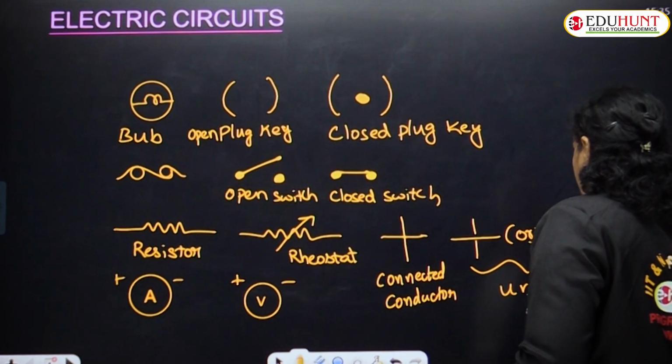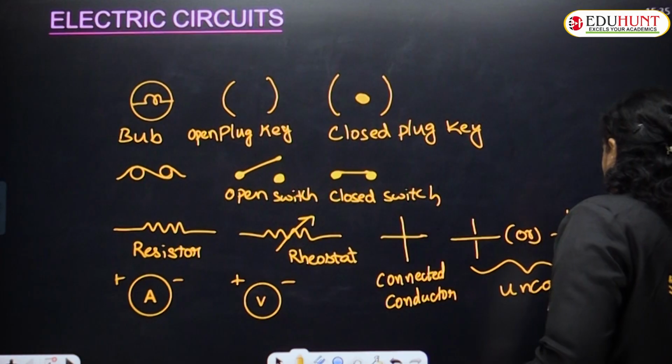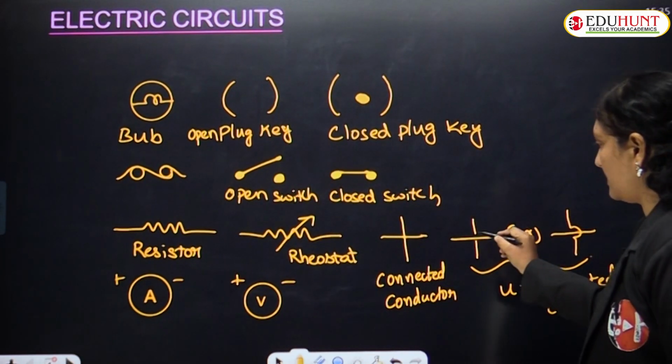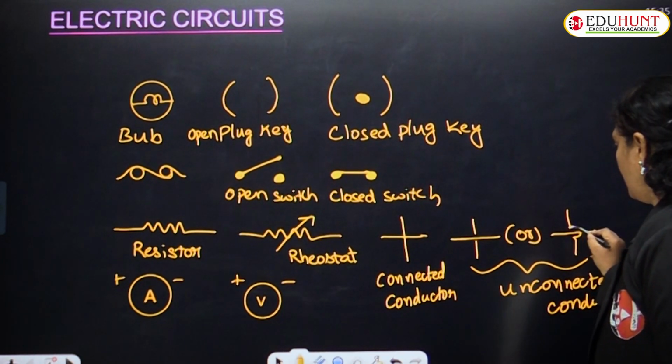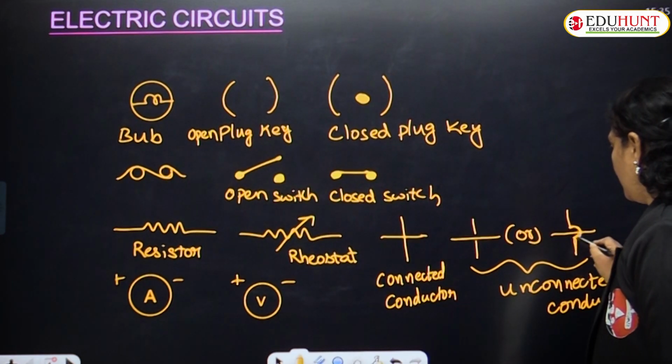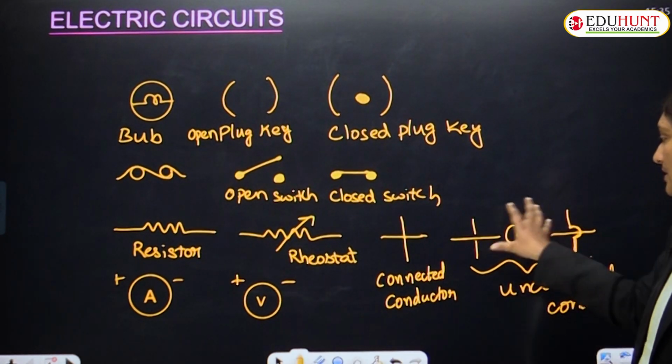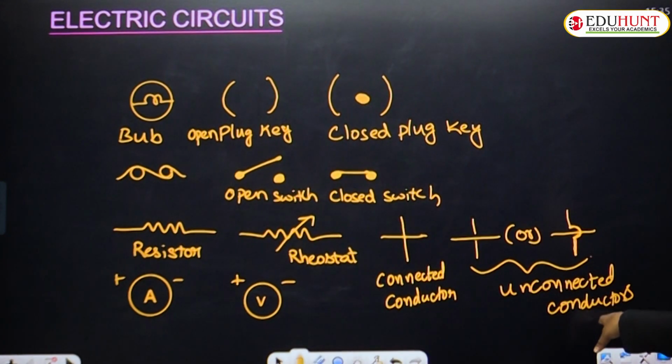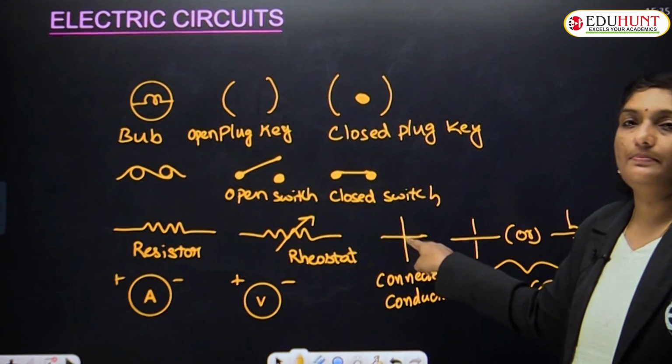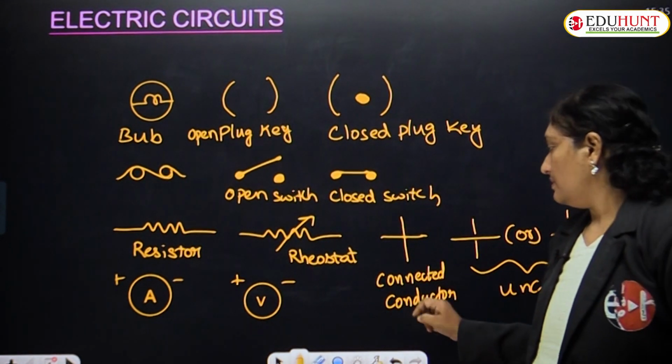Here you can see some space, and here also it is open. You can see some loop-like structure. So these two symbols are used for unconnected conductors, and this symbol is used for connected conductors.